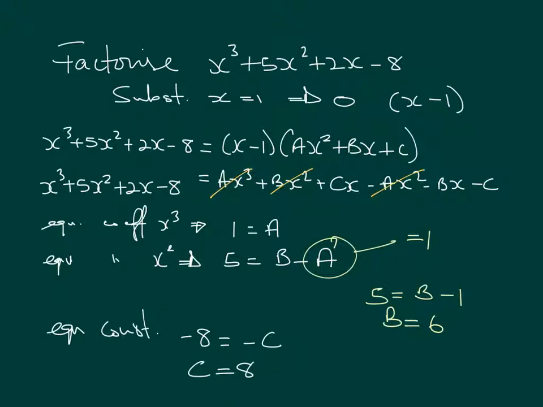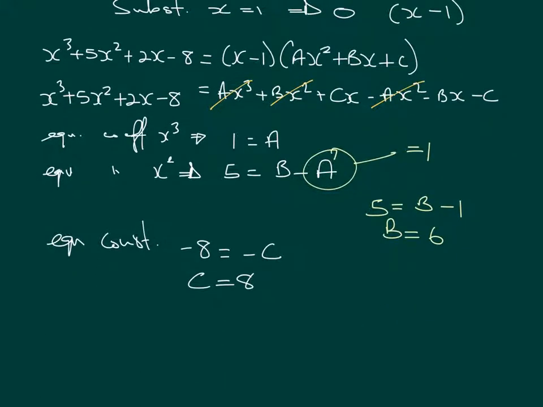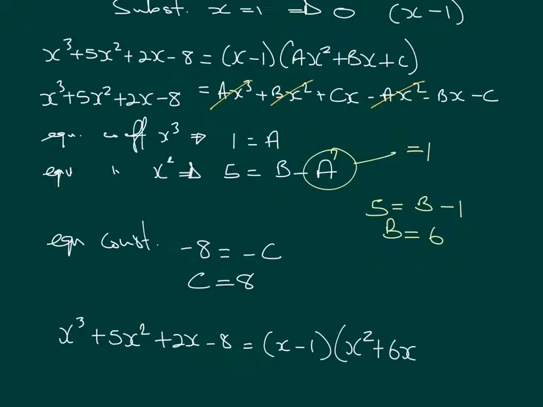And so that tells me now that x cubed plus 5x squared plus 2x minus 8 is equal to x minus 1 into, well, let's see what we've got. A is 1, so that will just be x squared. B is 6, which means that will be 6x. And C is 8, which means that will just be plus 8.